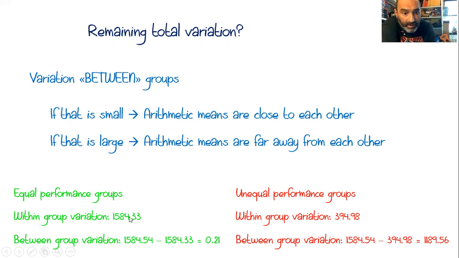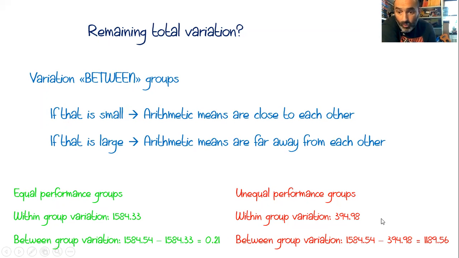Now compare the within group variation of almost 1600 with 0.21, and then compare the within group variation of about 400 to close to 1200. Look at these two and look at those two. This is dominatingly a lot larger than this one. It's like 6,000, 7,000 times larger.